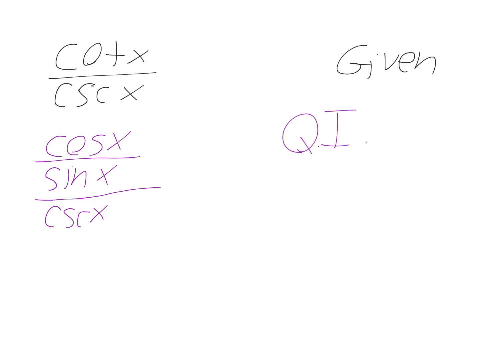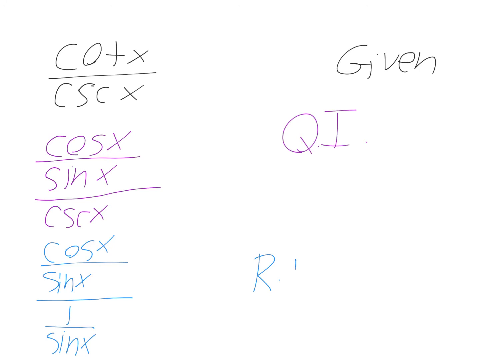I'm then going to replace my cosecant x with my reciprocal identity of sine x, such that I now have cosine of x divided by sine of x divided by 1 over sine of x, thanks to my reciprocal identity of cosecant and sine.